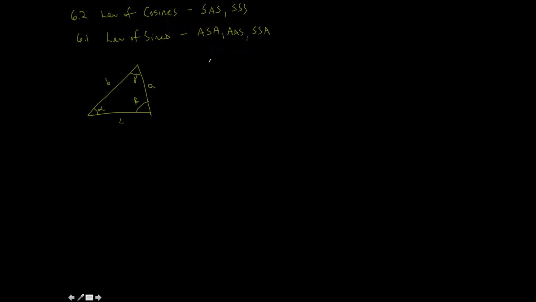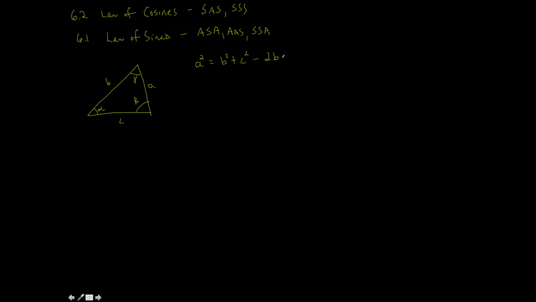So, for instance, if we're given angle alpha, we can easily find side A using this law of cosines formula.